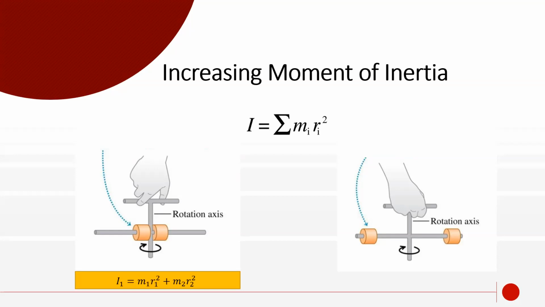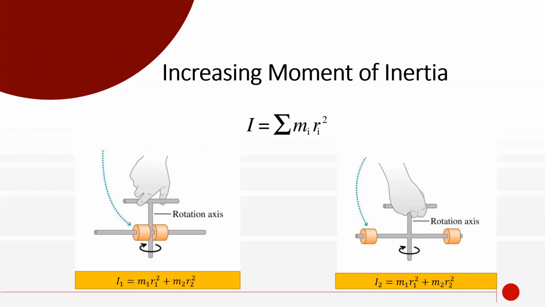If we look at the expression for system 1, the moment of inertia would be defined as M1 R1 squared plus M2 R2 squared. System 2's moment of inertia would also be described as M1 R1 squared plus M2 R2 squared.